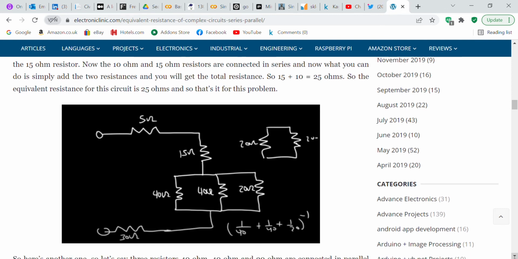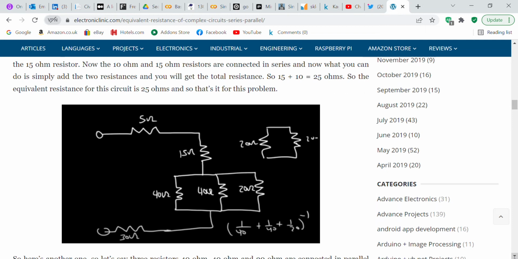So we've got another circuit. You've got a 40 ohm resistor, a 40 ohm resistor, and a 20 ohm resistor in parallel. So you know that the total will be less than 20 ohms, and so you're going to calculate that.